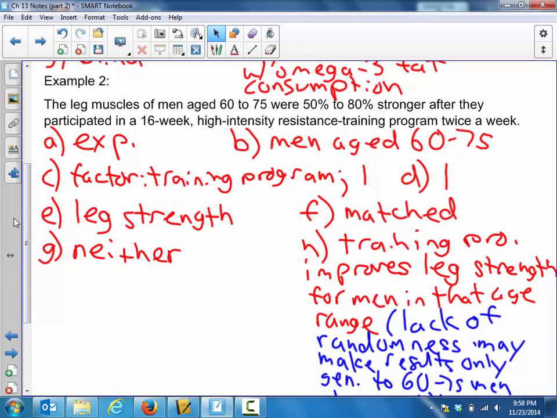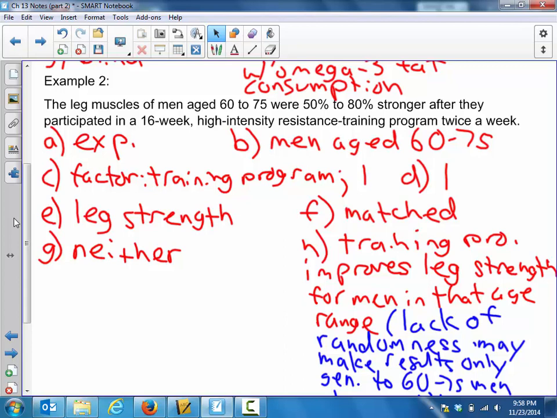Why? Well, we don't really know the pool of people that we got to work with, and because they all got the same treatment here, it is hard to generalize to the population. We certainly can't go outside of the age range of 60 to 75 in terms of understanding that the strength program will actually improve leg strength.